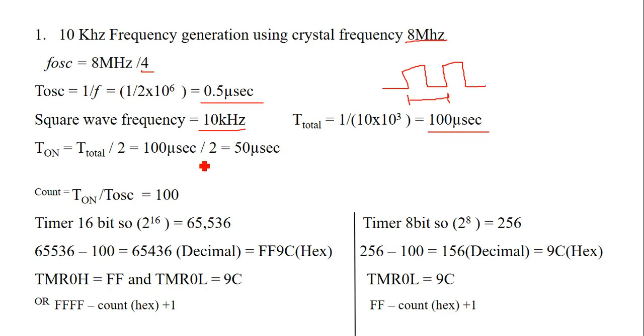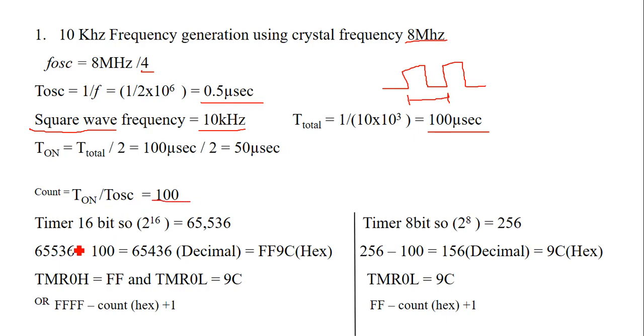Since we are generating a square wave, T on and T off will both be equal. So T on is equal to T total divided by 2, and 100 microseconds divided by 2 comes to 50 microseconds. So the count is T on divided by T oscillator, which is equal to 100.